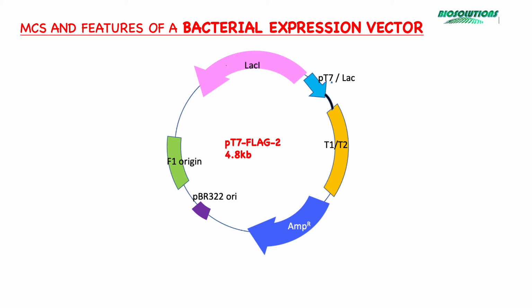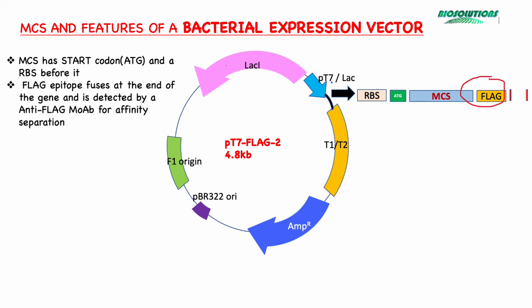Expression vectors have a few extra features, like necessary elements which help the host cell to transcribe and translate the gene of interest. For example, a standard bacterial expression vector pT7-FLAG-2 is a 4.8 kb E. coli expression vector with a FLAG epitope sequence which fuses with the gene of interest at the C-terminal and can be detected after translation using monoclonal anti-FLAG antibody for affinity binding and purification.